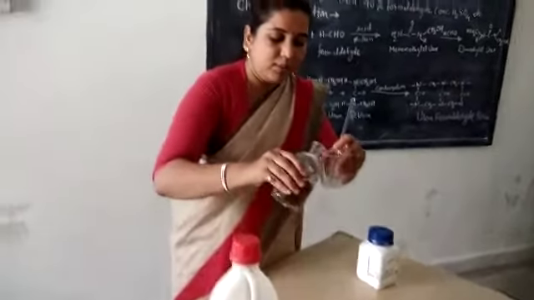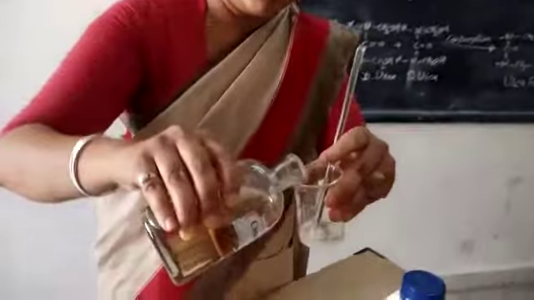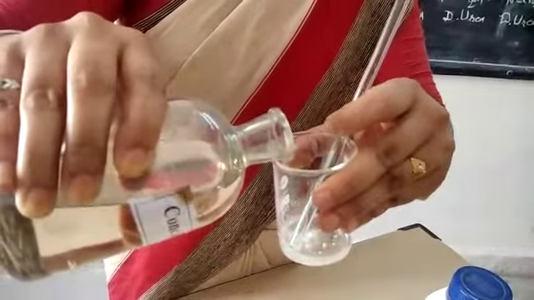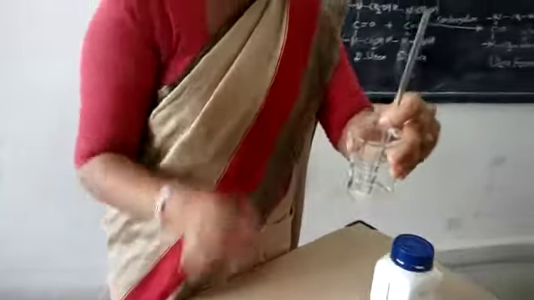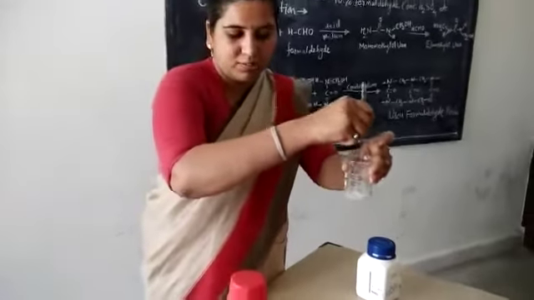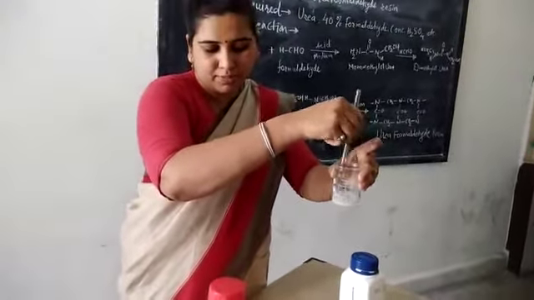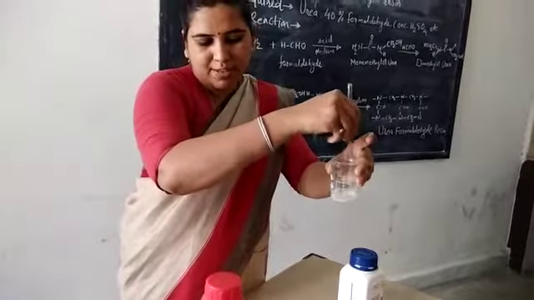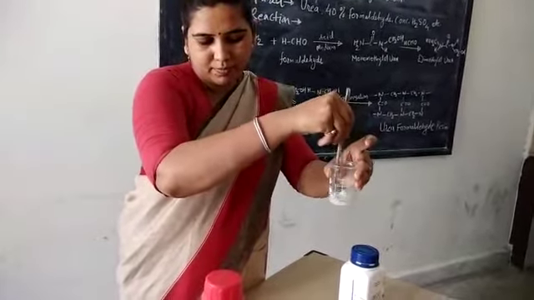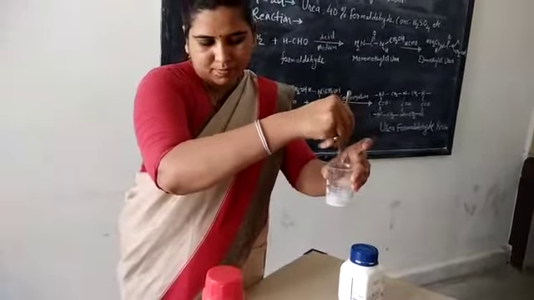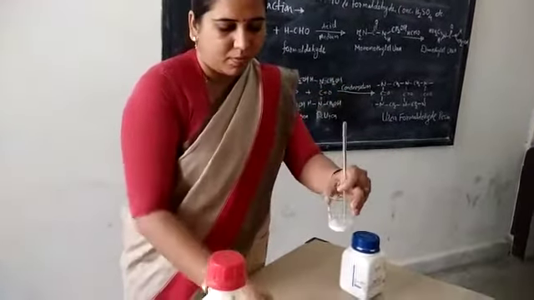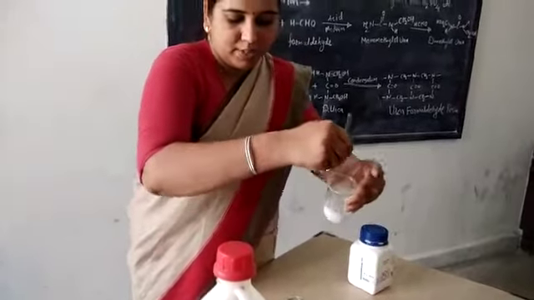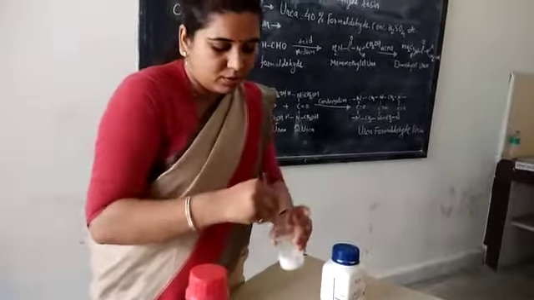So you can see here. As I already said, it is an exothermic reaction. There is a release of heat, and continuously we have to stir it. You can see here there is a solidification of it.